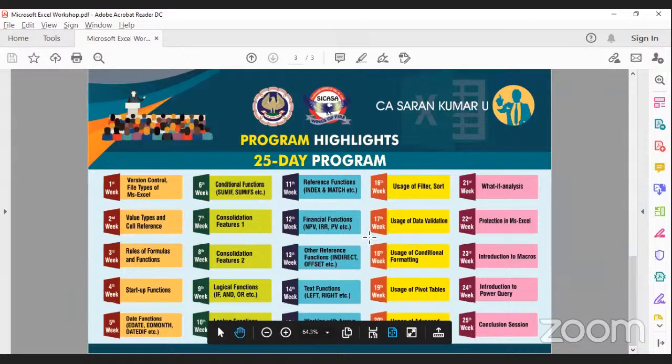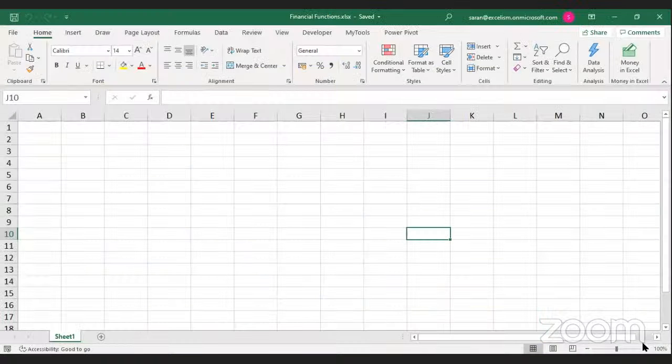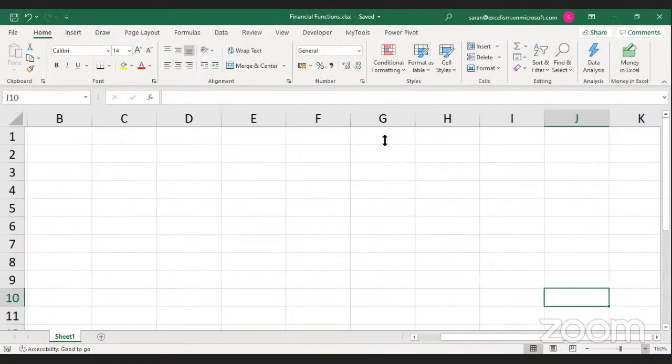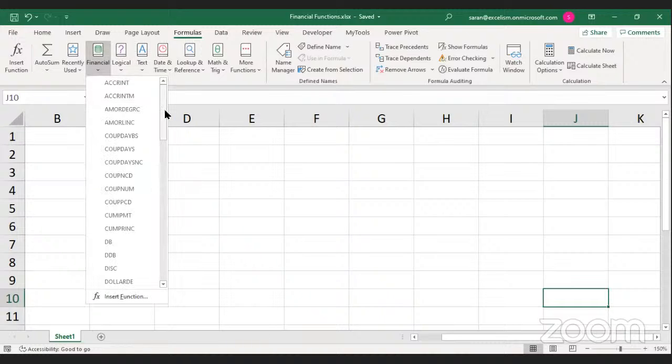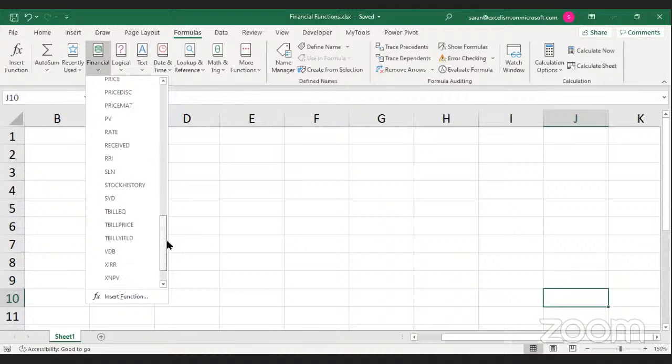So let me go directly into the Excel file. As you all know, I'm talking about the Excel function categories. You can go into the financial functions. Many of these functions may not be useful day in and day out, and many were introduced very recently.